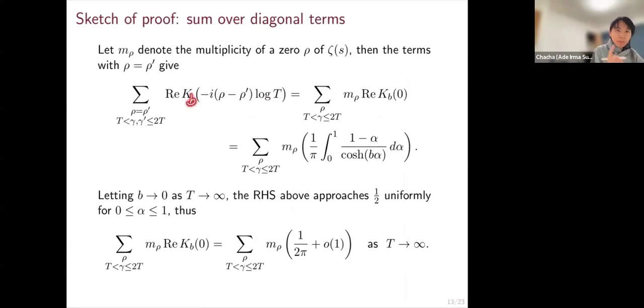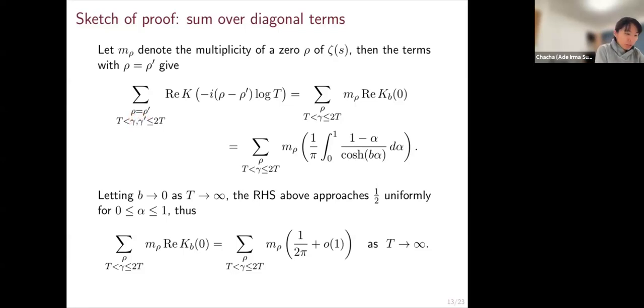So this K_b, and I want to take its real part. I originally have a sum over all pairs of zeros between t and 2t, but now I take only the diagonal terms, which are zeros that are the same, when rho and rho prime are the same.